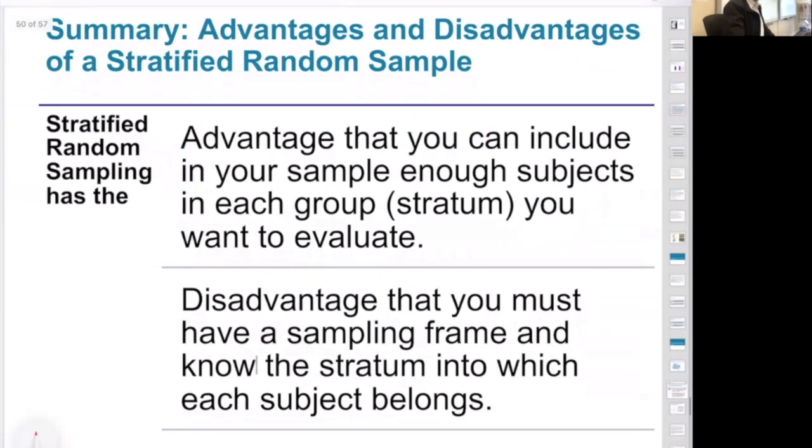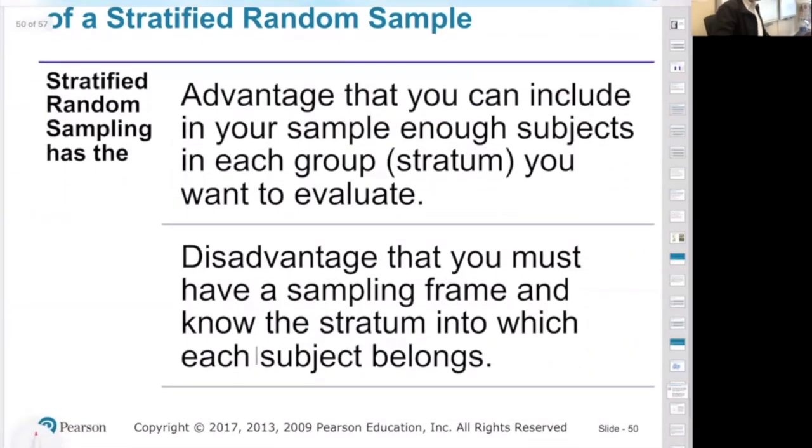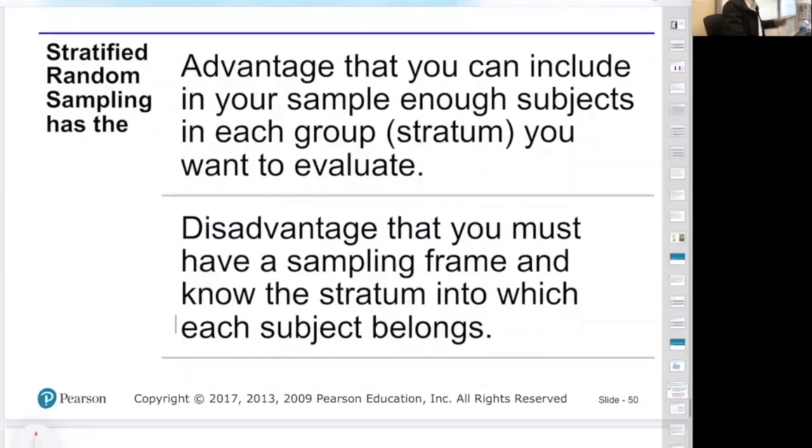The advantage of stratified sampling is you include in your sample enough subjects from each group. The disadvantage is that you must have the sampling frame here, and also you must know the stratum to which each subject belongs. Like males and females, I know I have 2 females from this group and 2 males from this group. So you have to know from where you select these subjects, which group or which stratum you have them from.